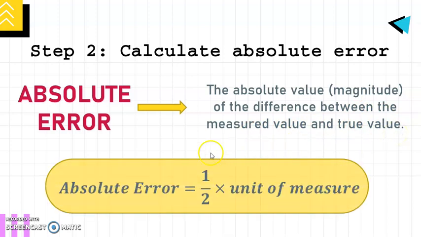By using this formula: absolute error is equal to half times the unit of measure. So for example, if the unit of measure is 10, then the absolute error will be half multiplied with 10, which is equal to 5. Very good. So that is how we calculate the absolute error.